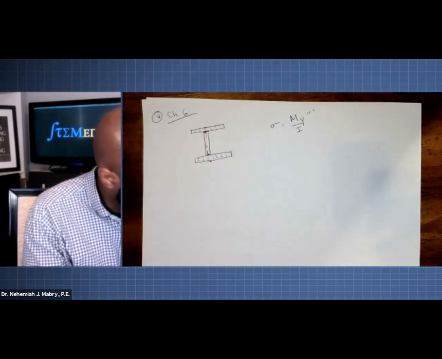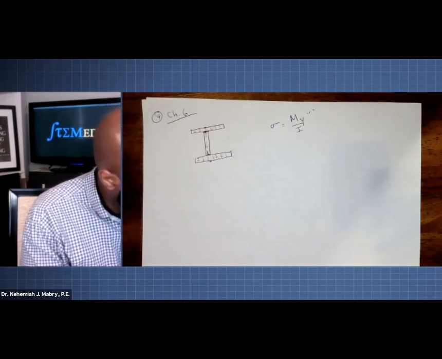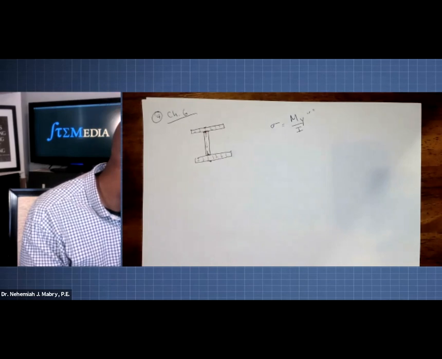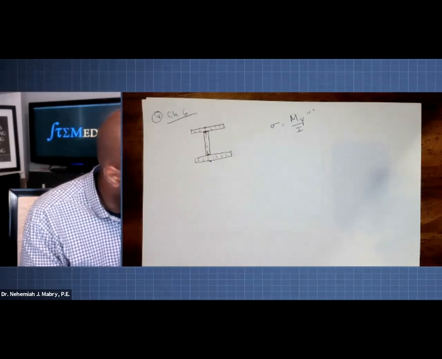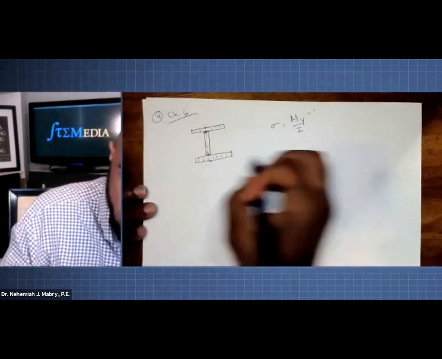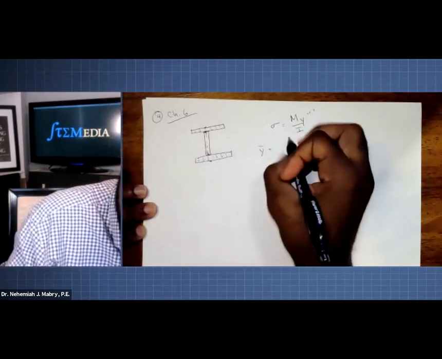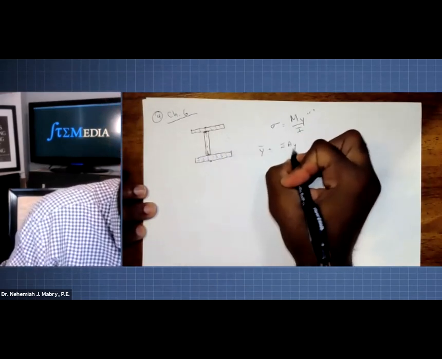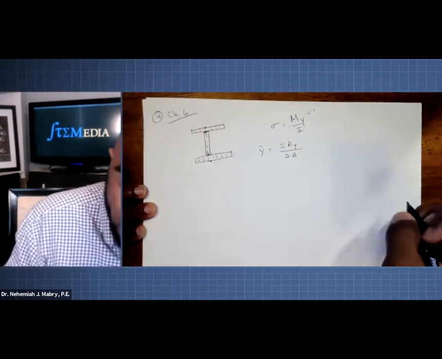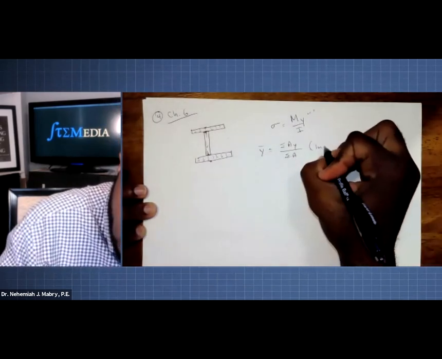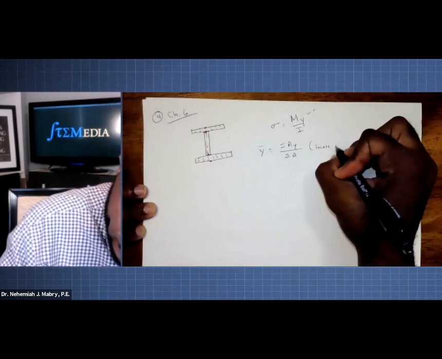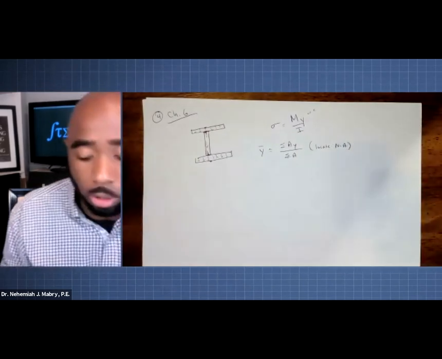Give me 1 second here. While I'm looking for that, of course, you want to remember that it's important to be able to calculate y-bar, summation of AY over summation of A, to find the neutral axis. Very, very important to locate the neutral axis.